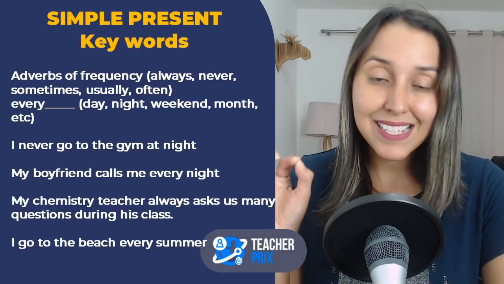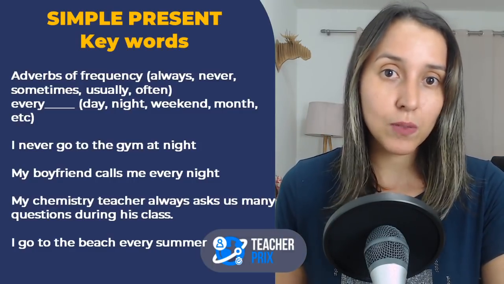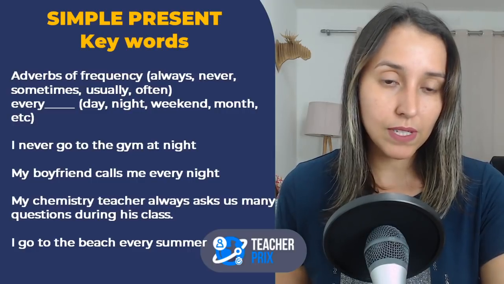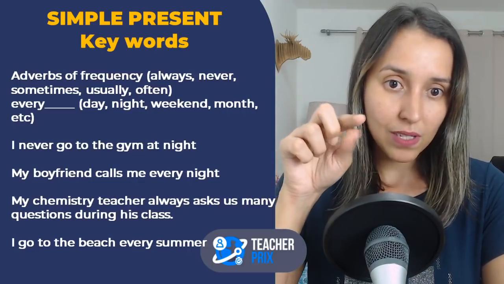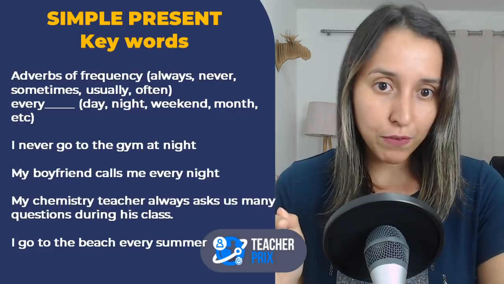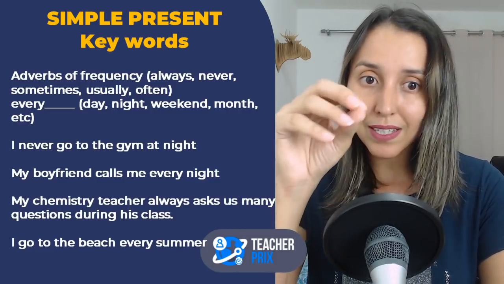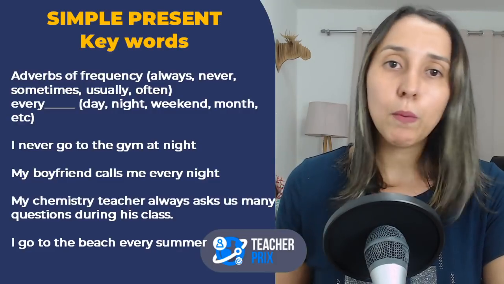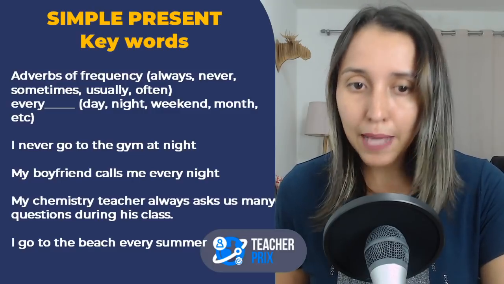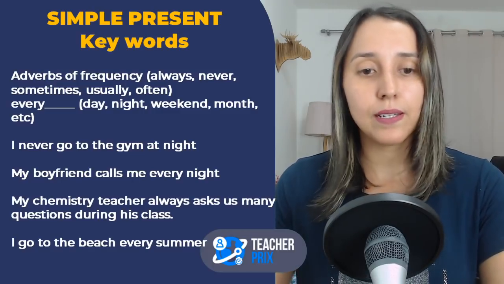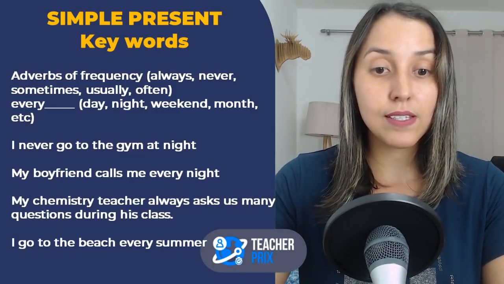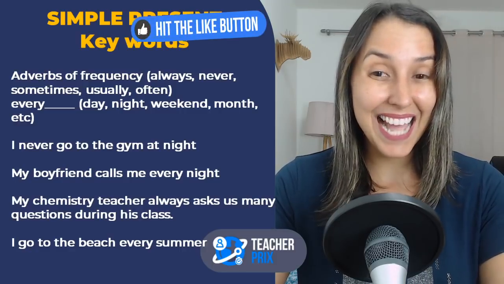So this is an important difference between simple present and present continuous. When you need adverbs of frequency, when you need words like every, simple present, okay? Absolutely simple present.